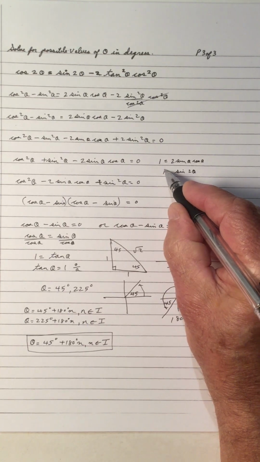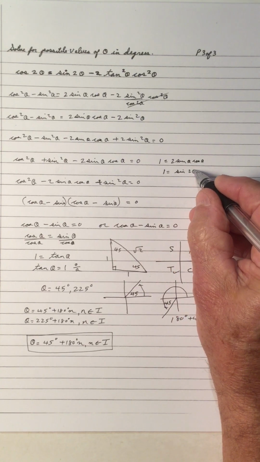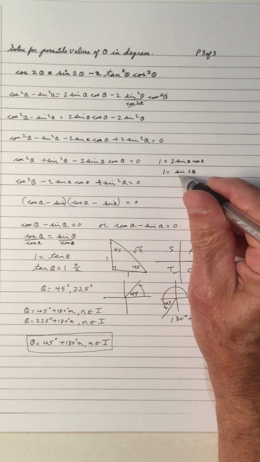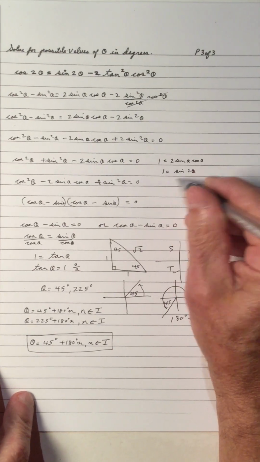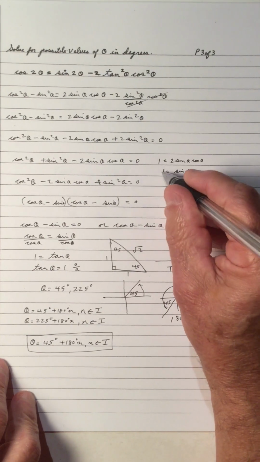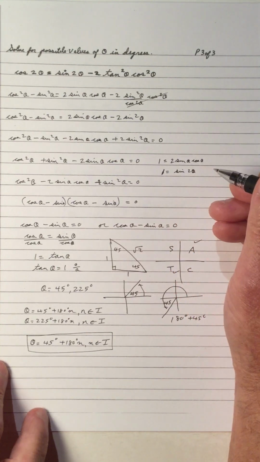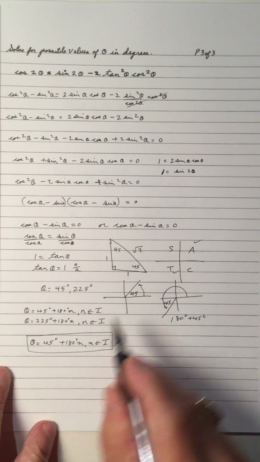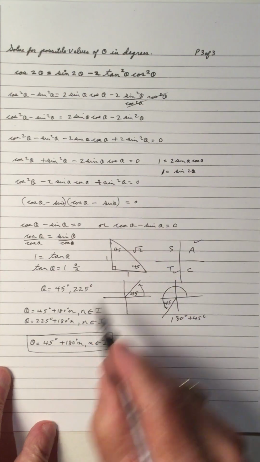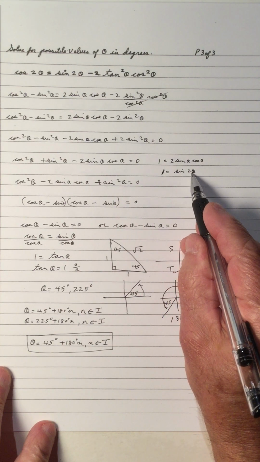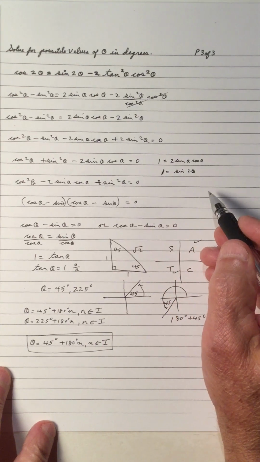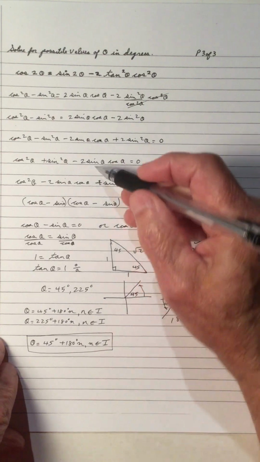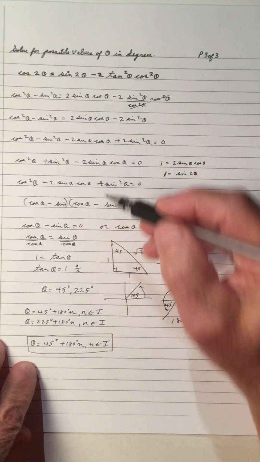And again, this would have worked out to give you the same answers, because you could use this to figure out what the angle is. 45 would have made it 90, and the sine of 90 would have been a 1. So you could have done it that way to get the answer, but I decided to do it with the factoring.